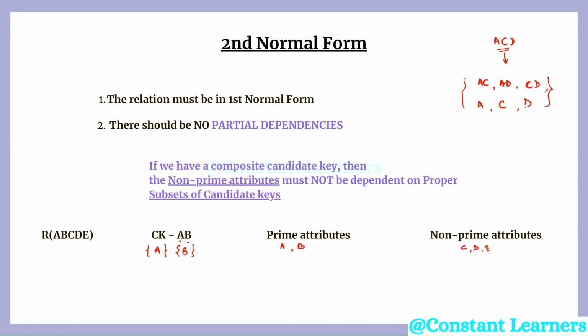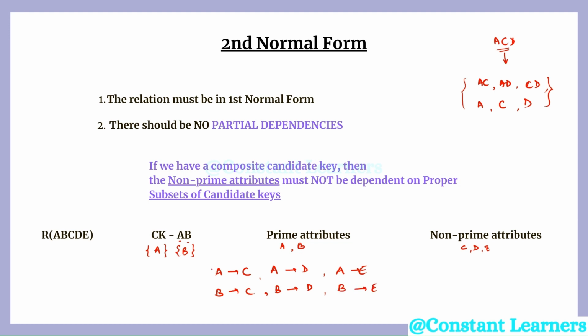Now, what does this definition say? If we have a composite candidate key, then the non-prime attributes must not be dependent on proper subsets of candidate keys. That means if A determined C or A determined D or A determined E or B determined C, B determined D or B determined E, right?